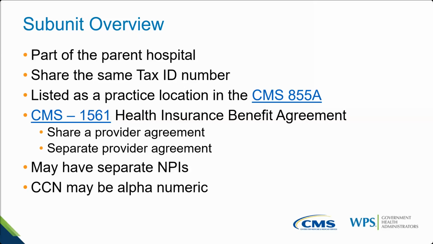Your subunits are typically going to be alphanumeric and include part of the parent's CCN. That's just really an identifier, and again, that is not controlled by the MAC, that's controlled by CMS. But it's an awareness piece so that you can tell a little bit about that CCN just visually.